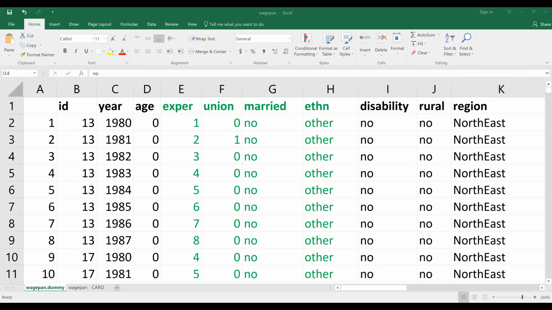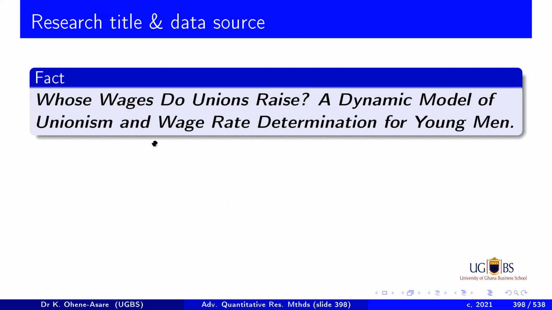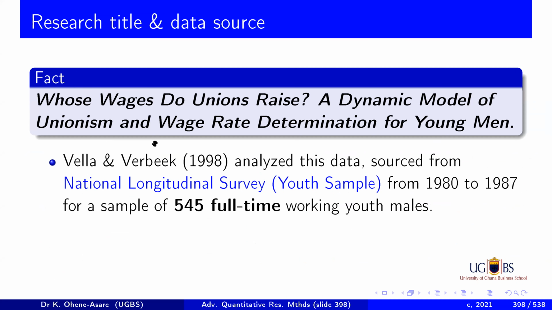And this title is already something that is there, because the data was a data used by some authors in the past, Vella and Verbeek in 1998, to actually work. They analyzed this data. They took it from the National Longitudinal Survey. It has to do with youth, young people who are between the ages of 17 to 20 something.